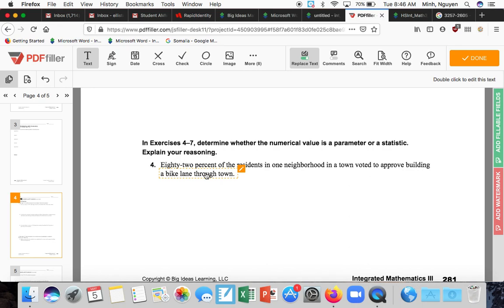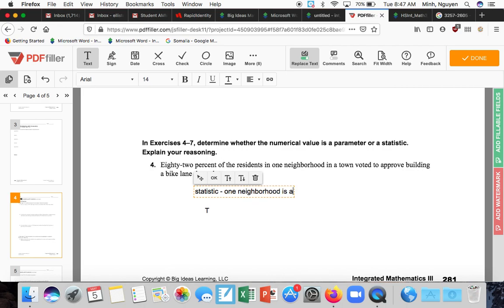Does one neighborhood of a town represent everyone in the town? No, because there are typically more than one. So you can say this is a statistic. One neighborhood is a sample. Population would be all neighborhoods, everyone.